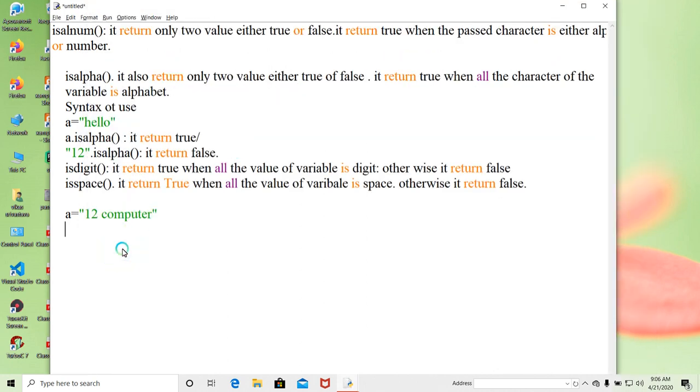So same as it is, we have also a lot of functions. More are remaining, we will discuss them here. Now we are going to see about islower. As the name is clear, it returns a true value when all the values in the variable are in lowercase.